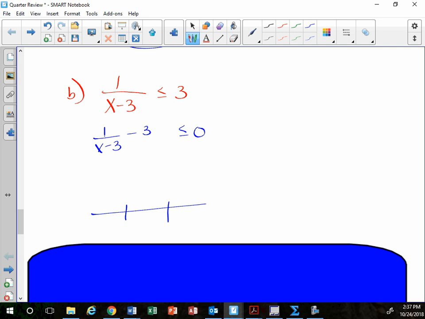Well, what would make your numerator 0? You set it equal to 0. No. Like another fraction makes sense. Close. But you want to avoid. Actually, really close.